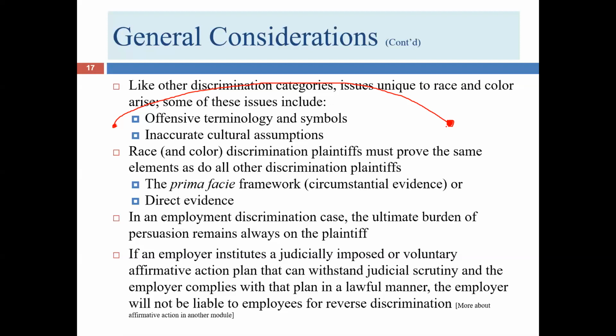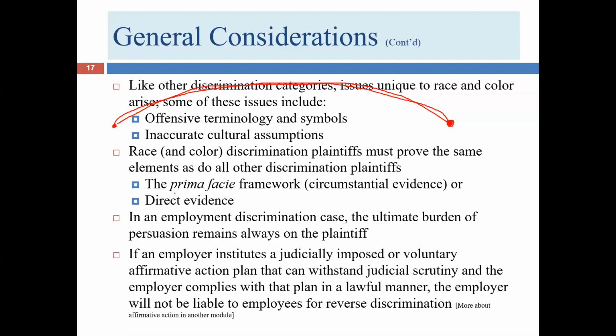And so once the defendant has presented a response, then the ball goes back to the plaintiff's court to present a rebuttal to show maybe that wasn't true. Maybe Bob wasn't the last hired. And even if he was, maybe the company would not have had the layoff if the most recent hire had been an Asian person or a Caucasian person. Those would be some responses that the plaintiff could advance.